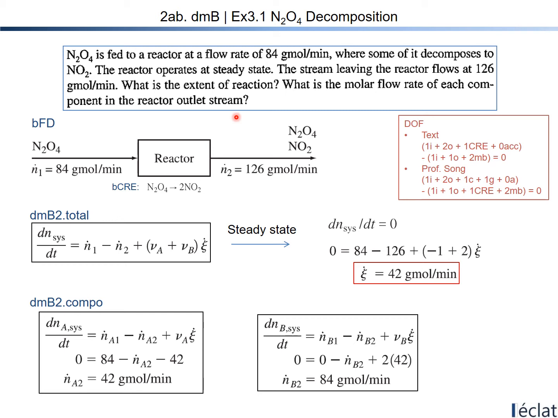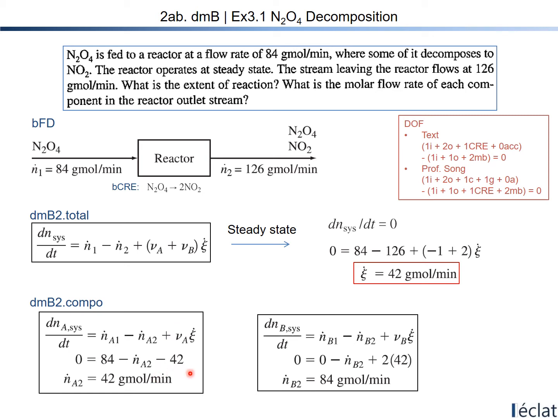It is time to use the component version of the differential mole balance equation. dN/dt, accumulation, is equal to input minus output plus generation for component A. At steady state, accumulation is 0 and the input is equal to 84 because you would find only N2O4 in the input stream. There is no NO2.